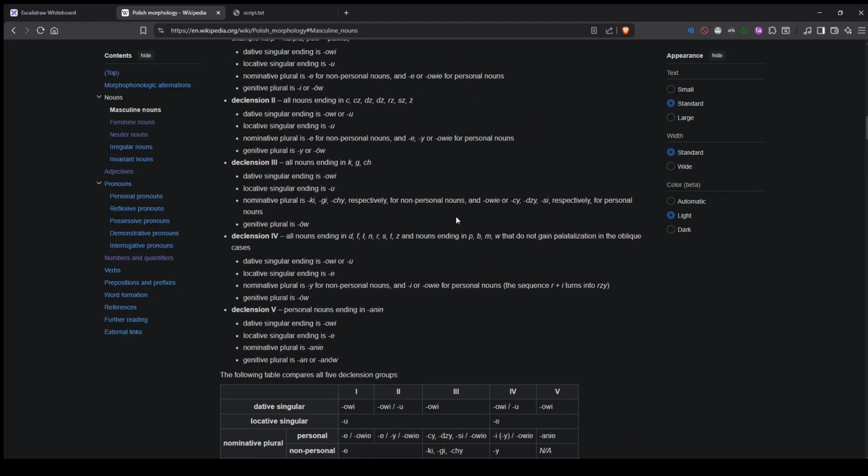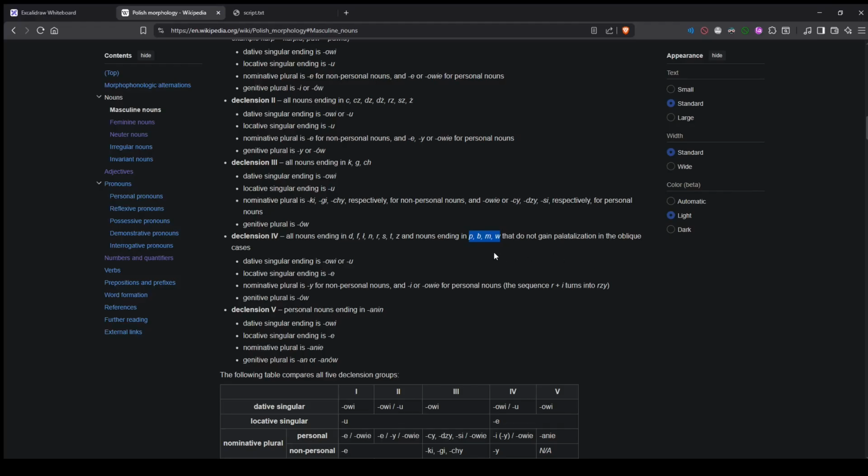Okay? Well, nouns ending in t, ch, z, j, ż, sz, ż can have a singular ending in u. Or nouns ending in d, f, w, n, r, s, t, z, and nouns ending in p, b, m, and w that do not gain palatalization in the oblique cases.